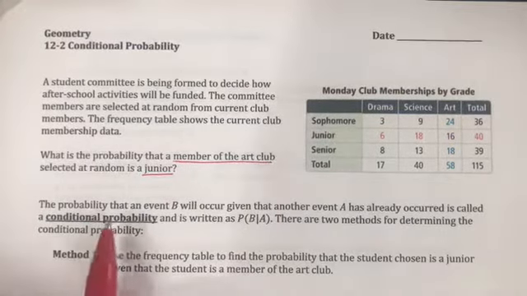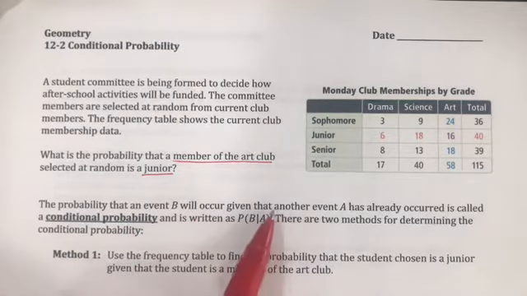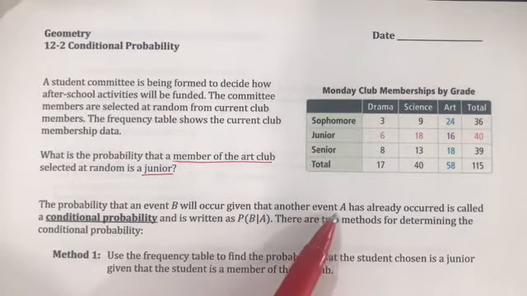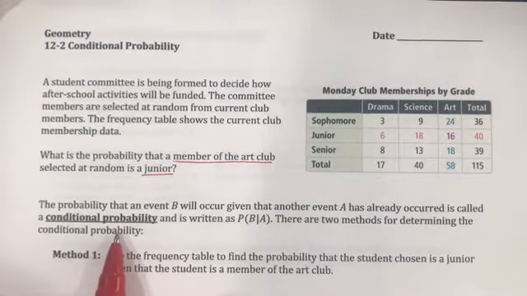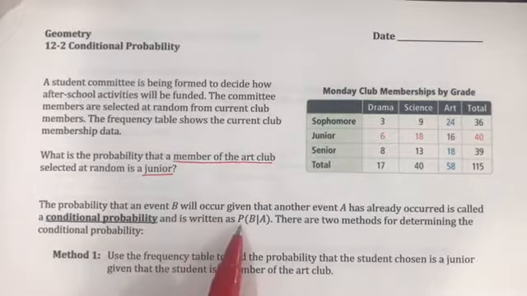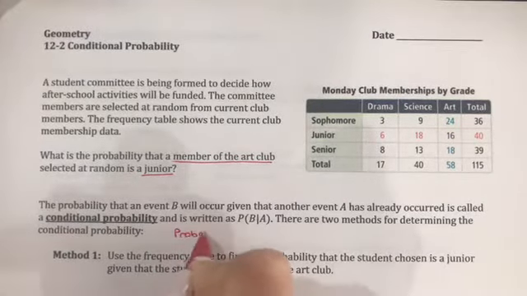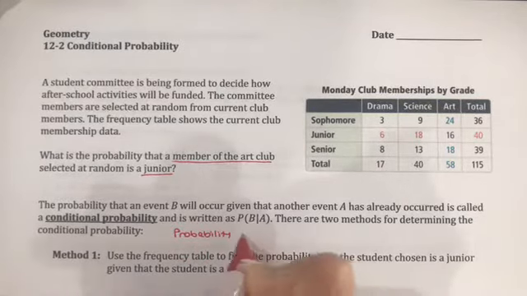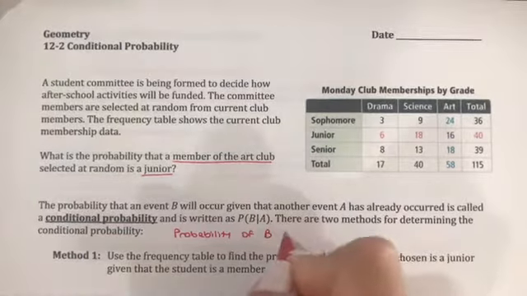Okay, so the probability that an event B will occur, given that another event A has already occurred, is called conditional probability. So basically it's saying the probability of B if A has already happened.